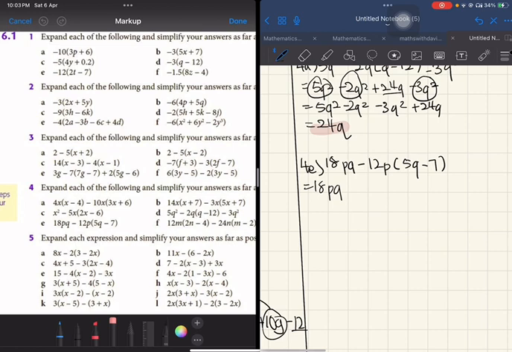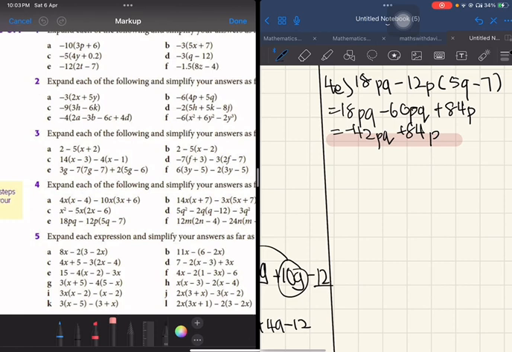We're going to get negative 60pq, and then negative 12p times negative 7, you're going to get positive 84p. You can just directly do it and you'll get this answer, which is negative 42pq plus 84p. That is the final answer.